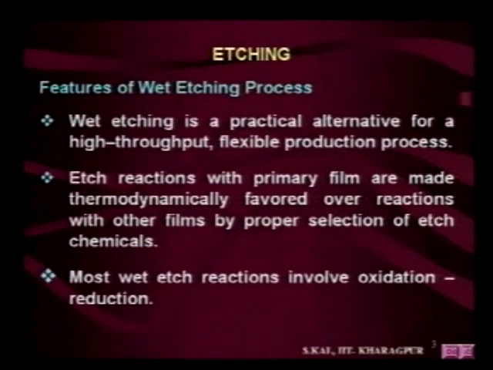Most wet etch reactions involve oxidation reduction. By oxidation reduction reaction, the byproducts, sometimes you get the oxides or hydrides, hydrogen reduction reaction, sometimes oxidation reactions, and those are dissolvable in the liquid.